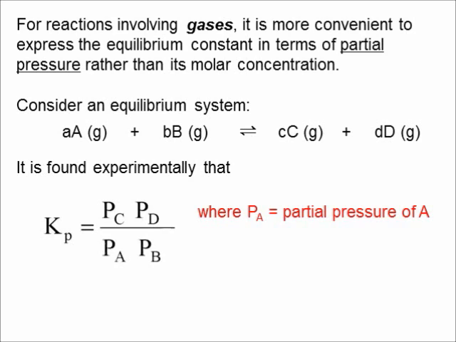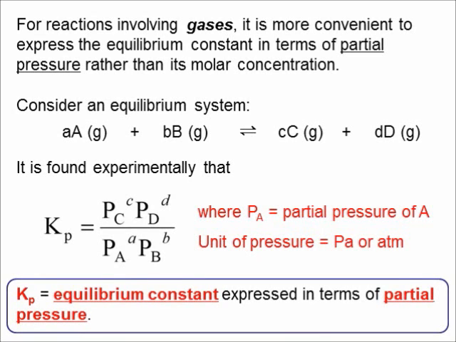Each partial pressure is raised to the power of their respective stoichiometric coefficient used in the balanced chemical equation. Square brackets must not be used, and the units of pressure are either pascals or atmospheres. What we have obtained is the equilibrium constant expressed in terms of partial pressure.